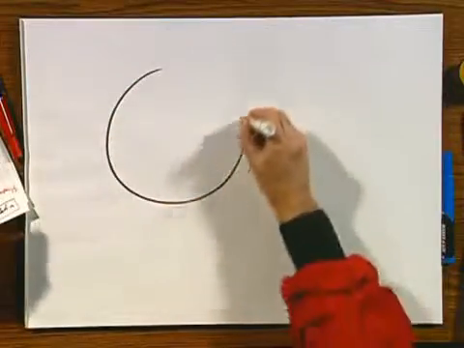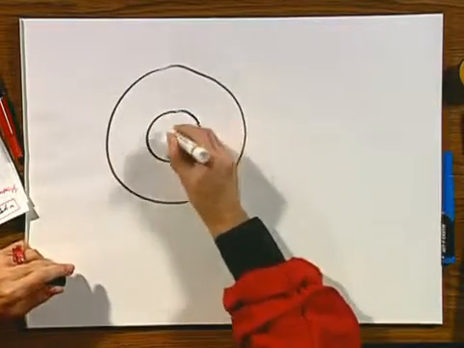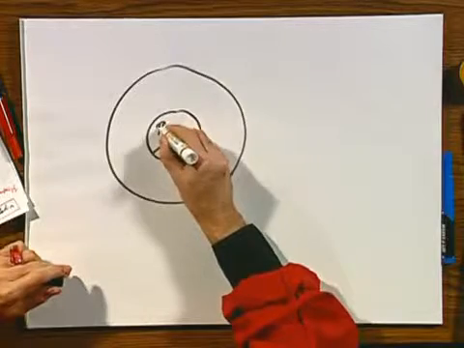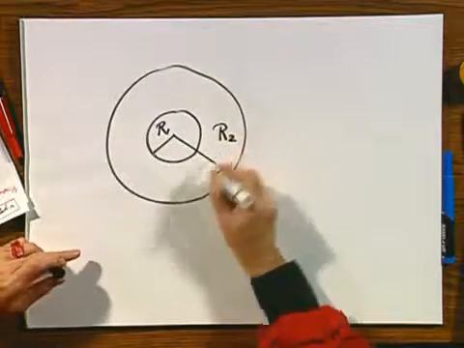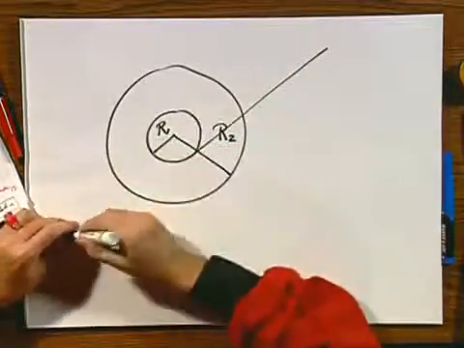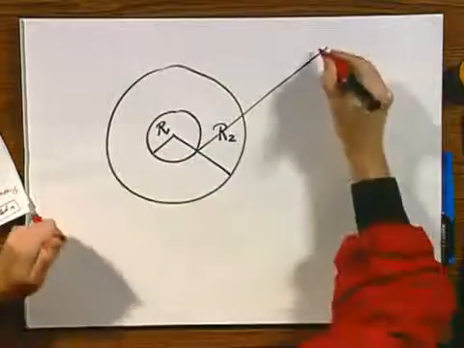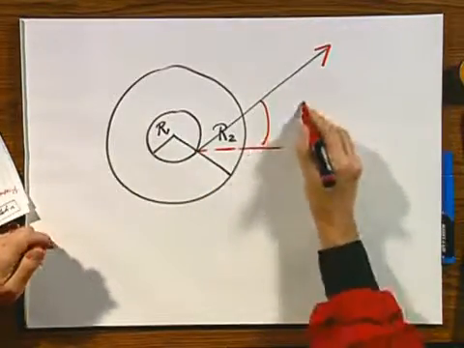Now I have an interesting problem for you. I want you to try this at home. This is a yo-yo. The yo-yo has an inner radius r1, and it has an outer radius r2. I attach to this yo-yo a string which is wrapped around the inner core, and I'm going to pull at an angle alpha.